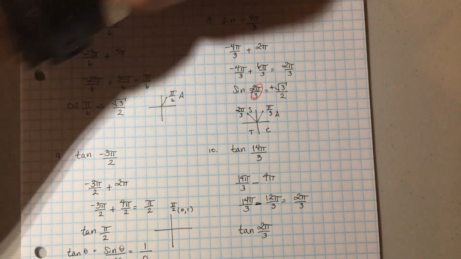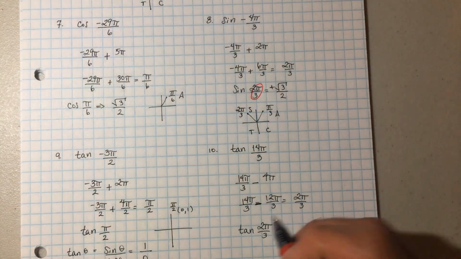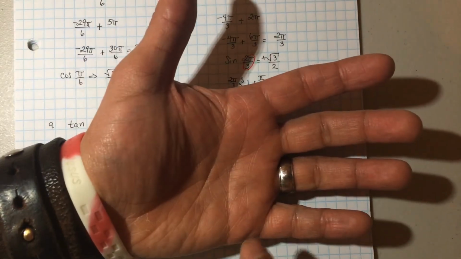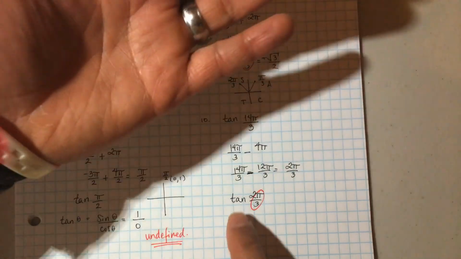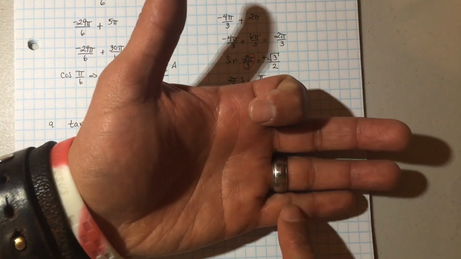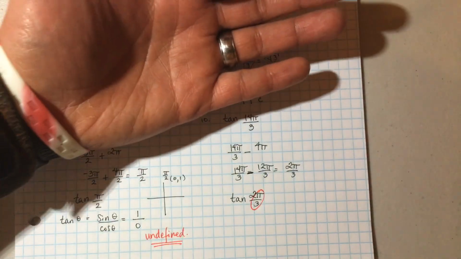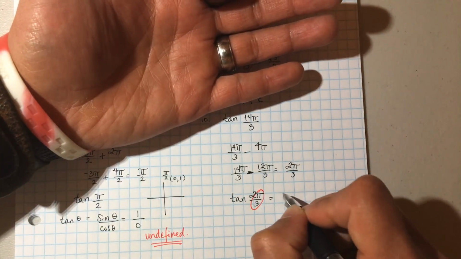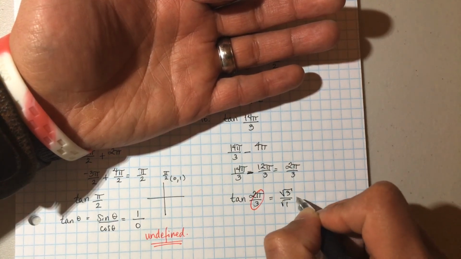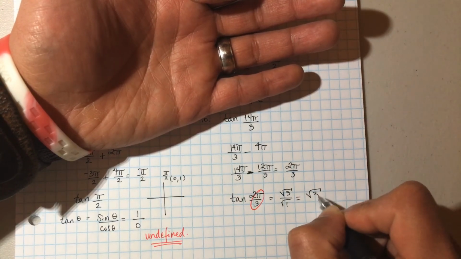Cool. So now what do we do? Same thing. We look at pi over 3. That's our reference angle. Pi over 3 is 60 degrees right here. The definition of tangent is sine over the cosine. That means square root of 3 over square root of 1, which is just going to give me square root of 3.